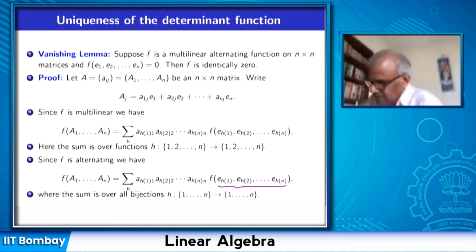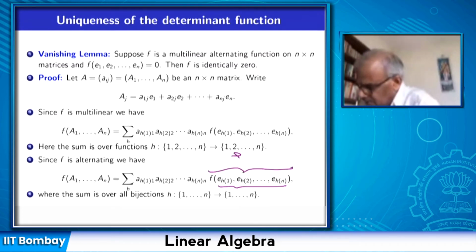Now we apply the alternating property, and by exchanging adjacent column vectors, I can convert this into f of e1, e2, en, and there will be some sign here, because whenever I interchange two column vectors, I acquire a negative sign. So given this bijection h from 1 up to n to 1 up to n, after doing interchanges of column vectors a certain number of times, f of eh1, eh2, ehn can be converted to plus or minus f of e1, e2, en.